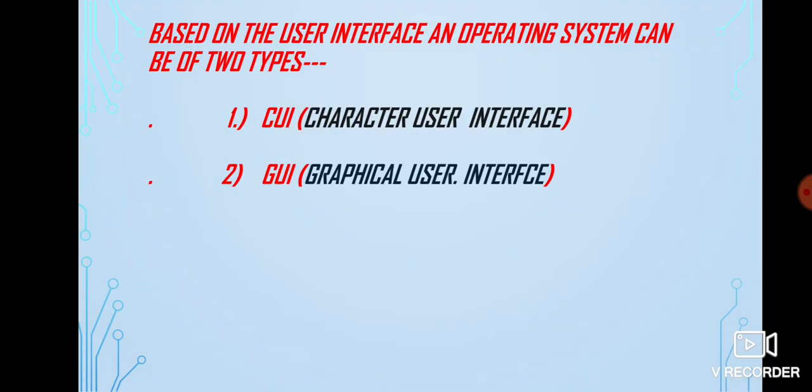Now, based on the user interface, an operating system can be divided into two parts. First is CUI and second is GUI. Full form of CUI is character user interface and full form of GUI is graphical user interface.